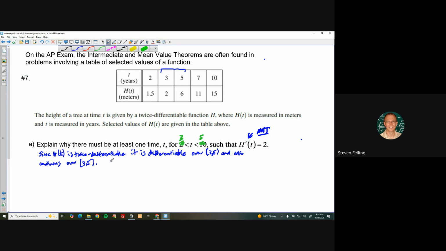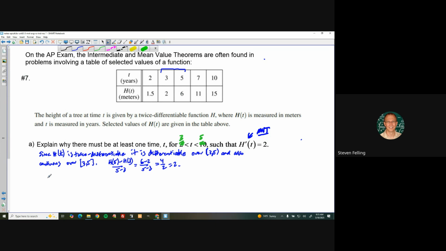Then we can also say the average rate of change, so that's going to be h of 5 minus h of 3 over 5 minus 3 is equal to 6 minus 2 over 5 minus 3, which is 4 over 2, which is 2.